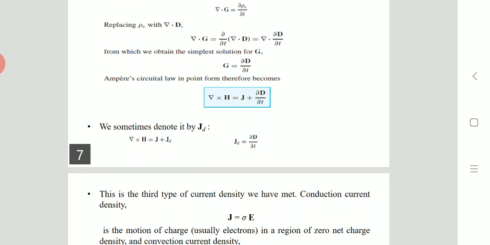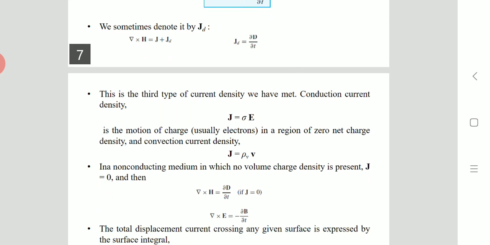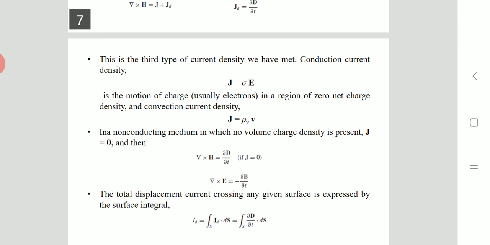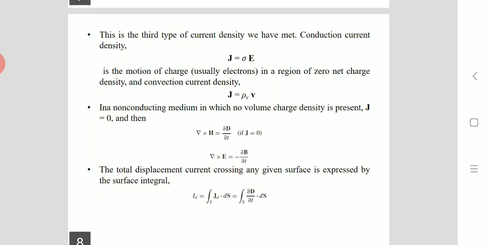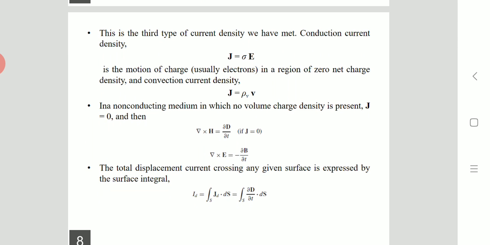Here, this is the third type of current density we have met. JD is the third type of current density.